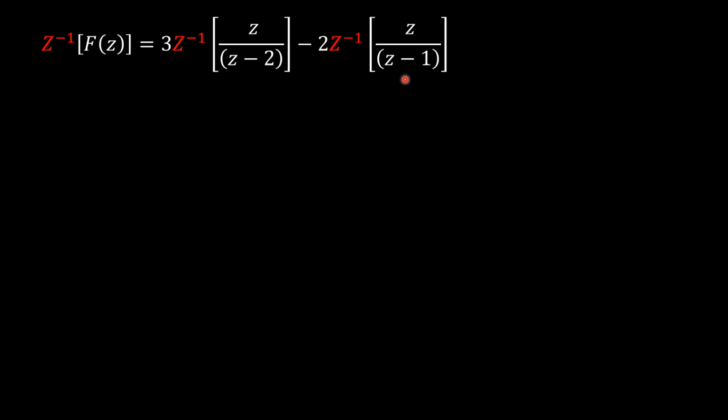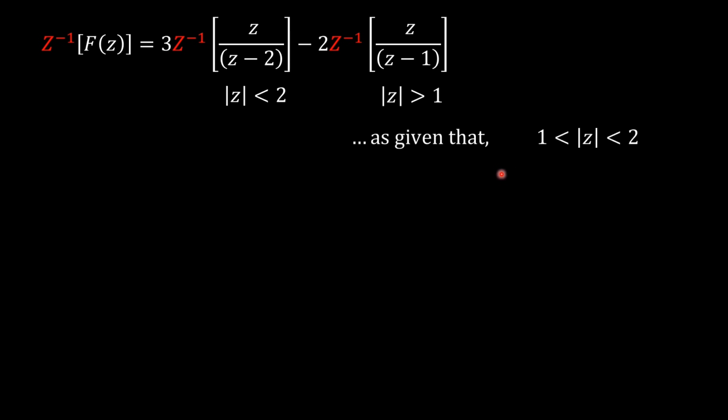Now, from whatever region of convergence is given to us, for z upon z minus 2, we will consider mod z less than 2, and for z upon z minus 1, we will consider mod z strictly greater than 1, as this is the given region of convergence.